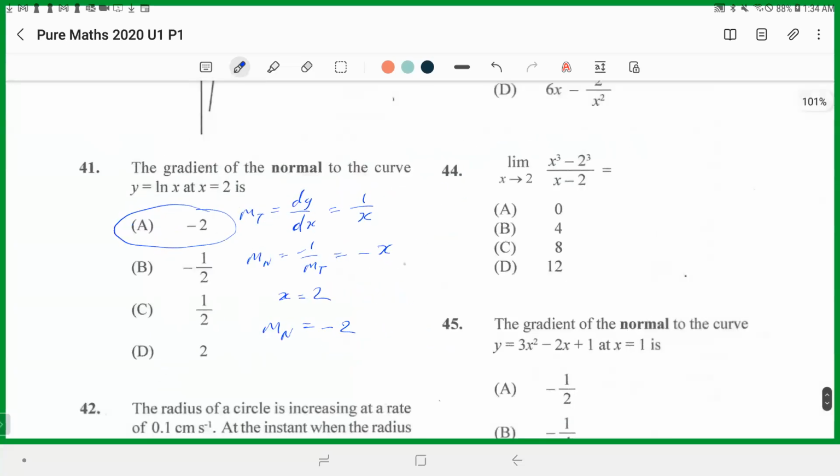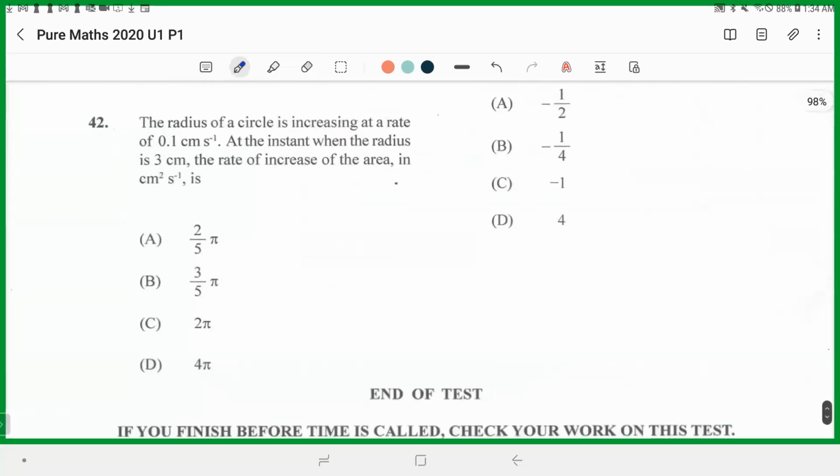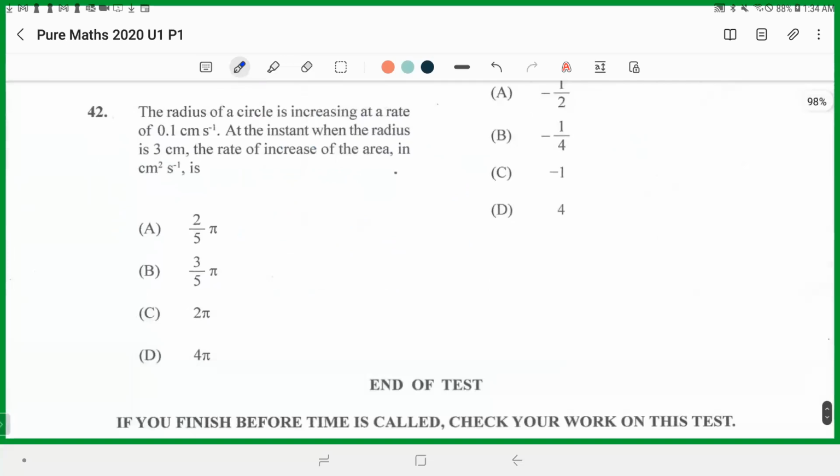All right, 41. All right, and 40 is now 42. The radius of a circle is increasing at the rate of 0.1. That's dr by dt, the rate of change is 0.1.